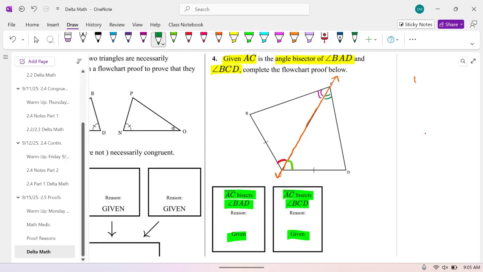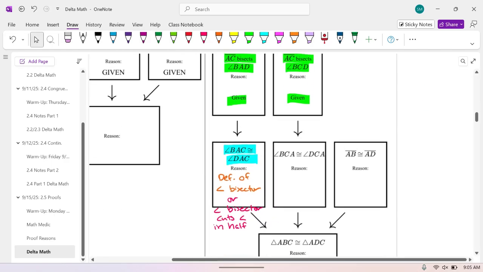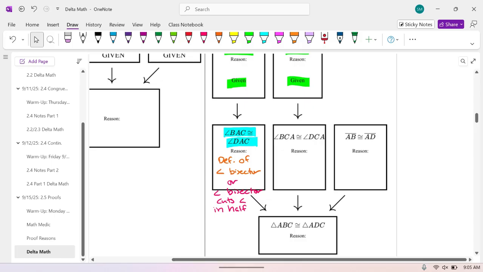It's the definition of an angle bisector, again. If you notice, our given statements have arrows that draw to them because they connect. So if they're saying that this line bisects this angle, then our reason probably has to do with what they gave us originally. So again, this is just the definition of an angle bisector.